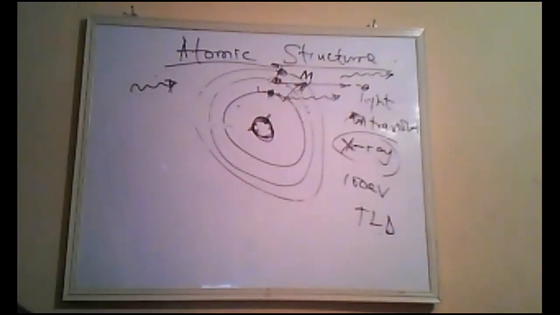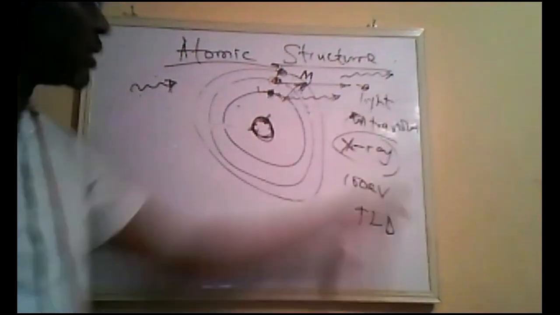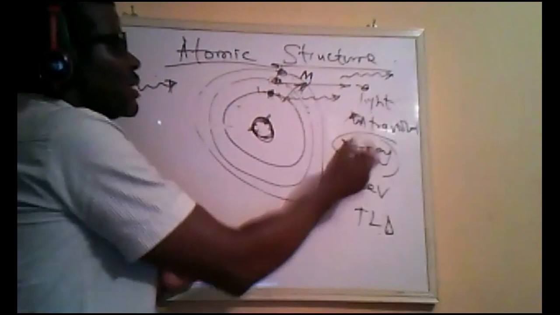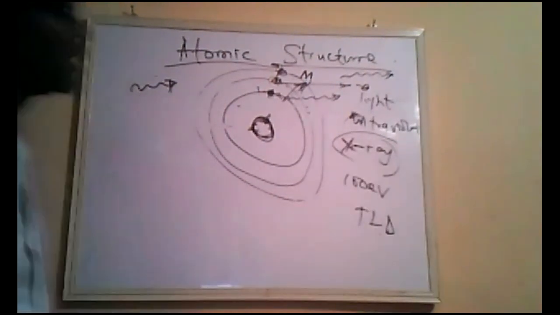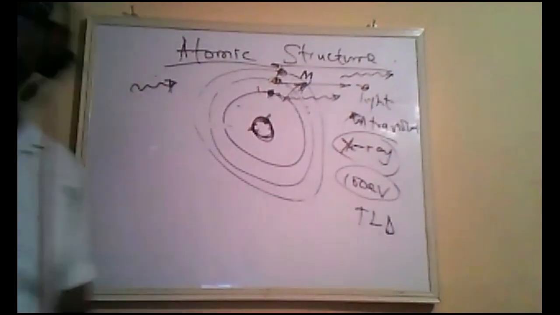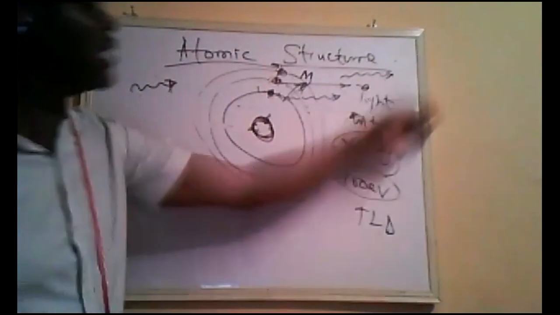And the electromagnetic rays can either be light, ultraviolet, or characteristic X-ray. And for characteristic X-ray, the energy has to be up to 100 electron volts. If it's not up to 100 electron volts, then we're just talking about light or ultraviolet.